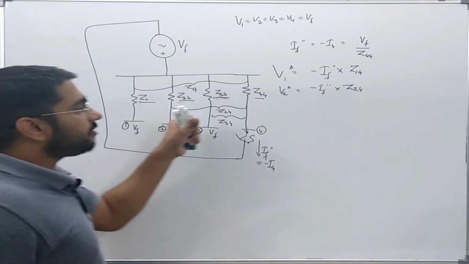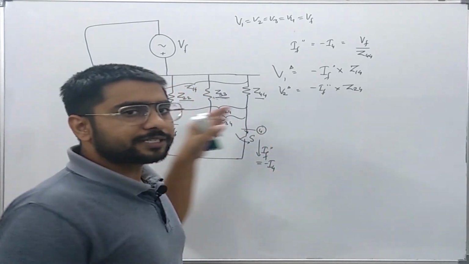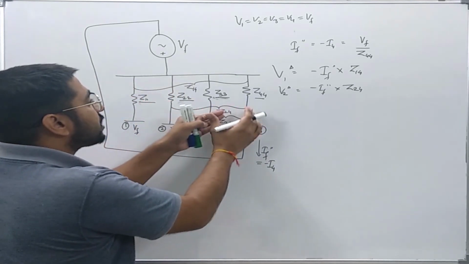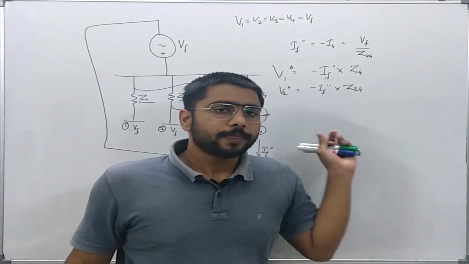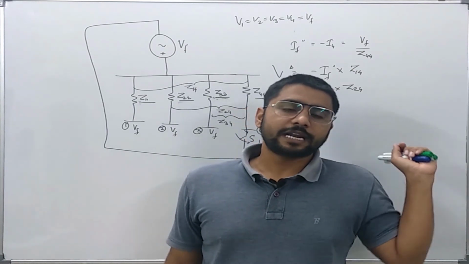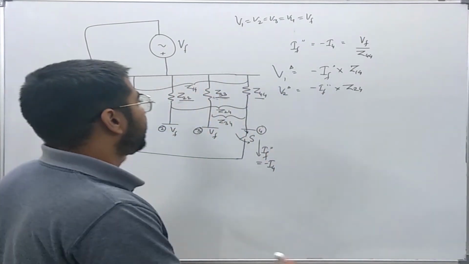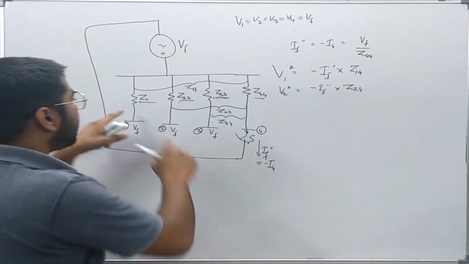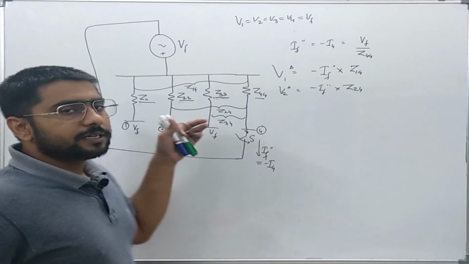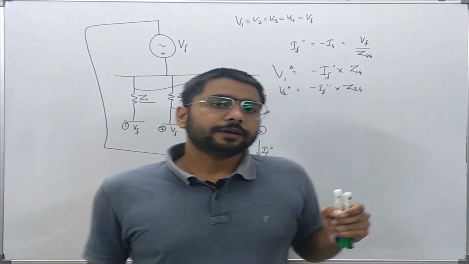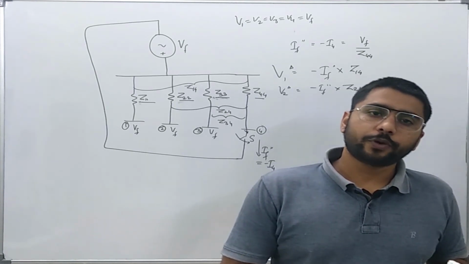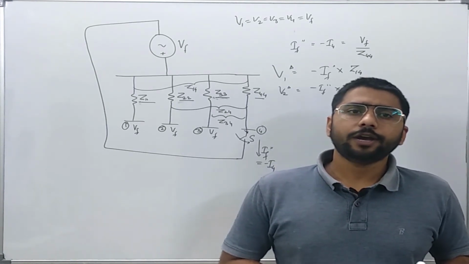So this cannot be physically realized, but it gives us a feeling for the importance of the transfer impedances. In this way, the importance of the bus impedance matrix can be understood just by seeing these transfer impedances and the Thevenin equivalent impedances seen from various buses. Now in the next slide, I will introduce a very small but very important topic, the short circuit MVA of a power system.